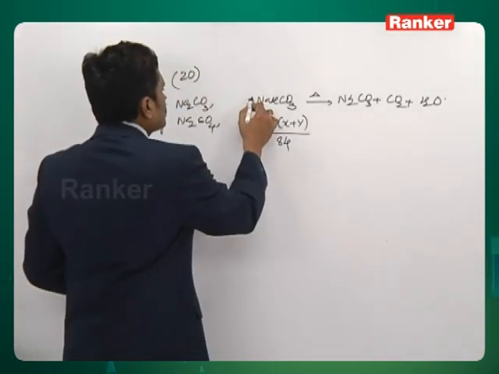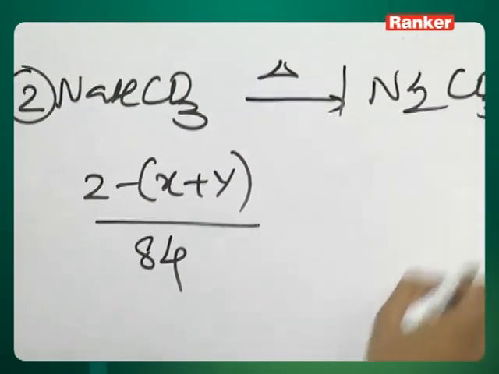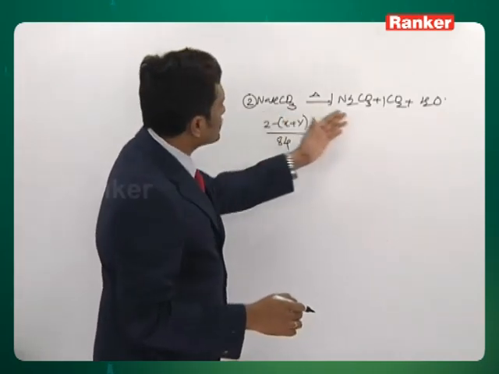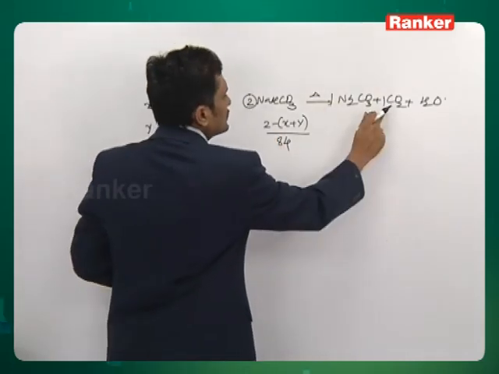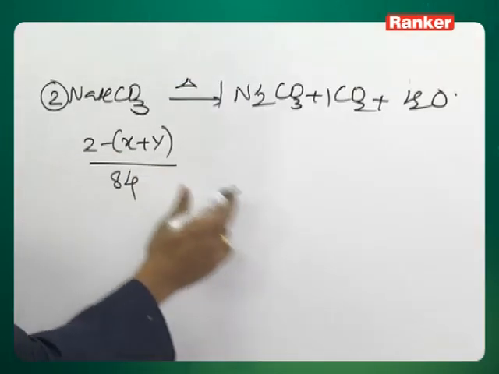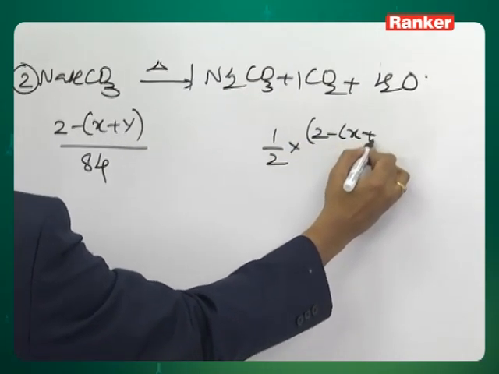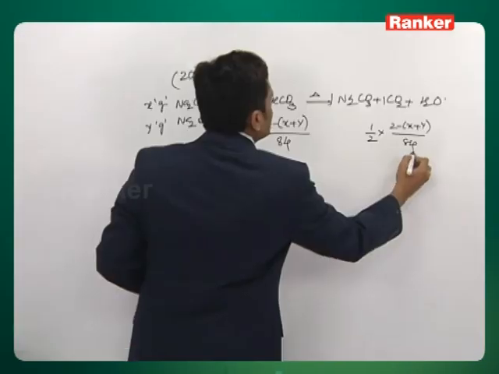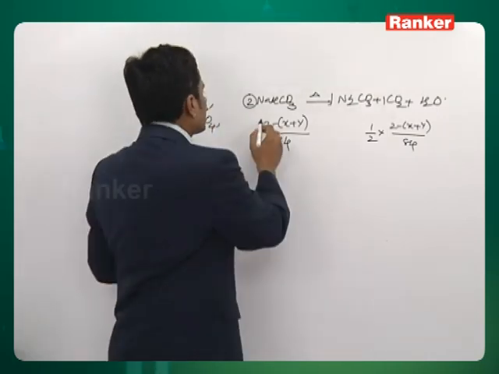For every 2 moles of NaHCO3, there is 1 mole of sodium carbonate produced and 1 mole of CO2. Since you have been given information regarding the moles of CO2, it is better to convert the moles of NaHCO3 into the moles of CO2. For every 2 moles, you are getting 1 mole of carbon dioxide, so I can expect the formation of half of it. These are the number of moles of CO2 which are formed, half of this entire value.